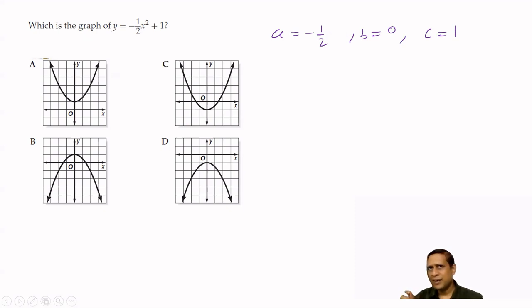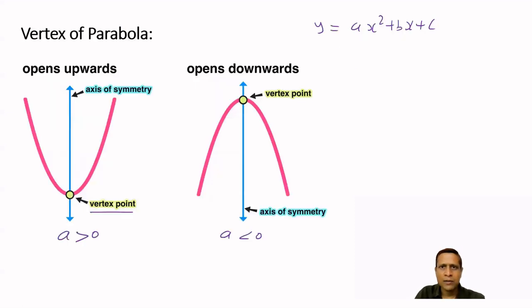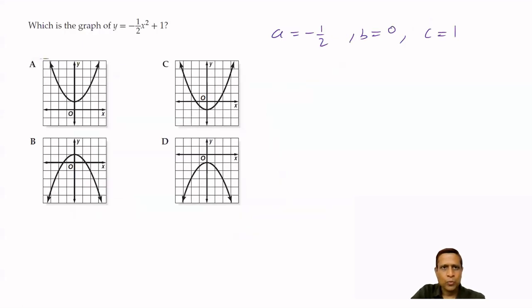So a is negative half, which means less than 0, and less than 0 means open downward. We have a parabola which is open downward. So open downward means you can straight away eliminate option A and option C.